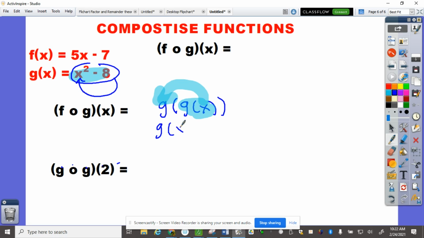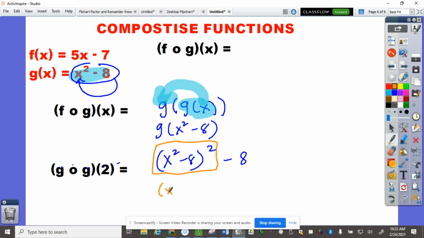So it becomes x squared minus 8, that's your x, you square it, minus 8. The meaning of this is that we have x squared minus 8 times another x squared minus 8.